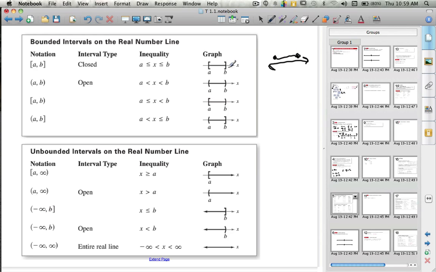In this textbook, they're going to use a squared bracket. Whereas this one would have been open dots because it's not inclusive, right? So this would be for or equal to, gets a solid dot or a square bracket. Without the or equal to, it gets a curved bracket or parentheses, or it gets an open dot. I'm not going to hold you to using the book's nomenclature, but I do want you to understand it, right?